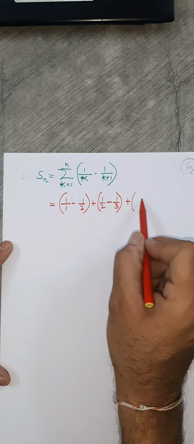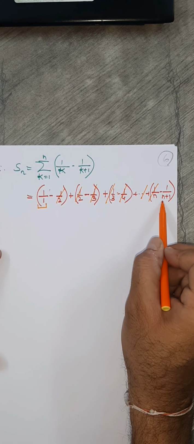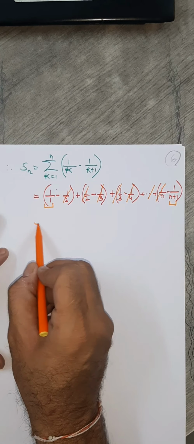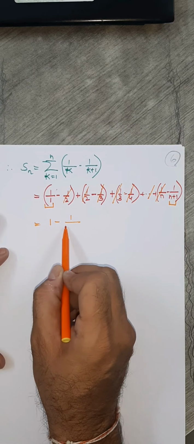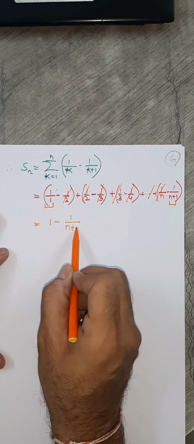Right? This is a very interesting series. You will see here. This will get cancelled with this, this will get cancelled with this, similarly this one. And this will get cancelled with the previous one. You see, this will get cancelled with the previous. So here you are left with the first and here the last. So finally we are getting 1 upon 1 minus 1 upon n plus 1.